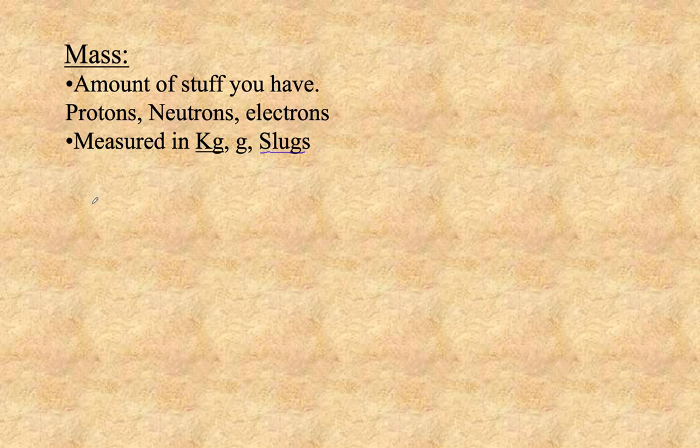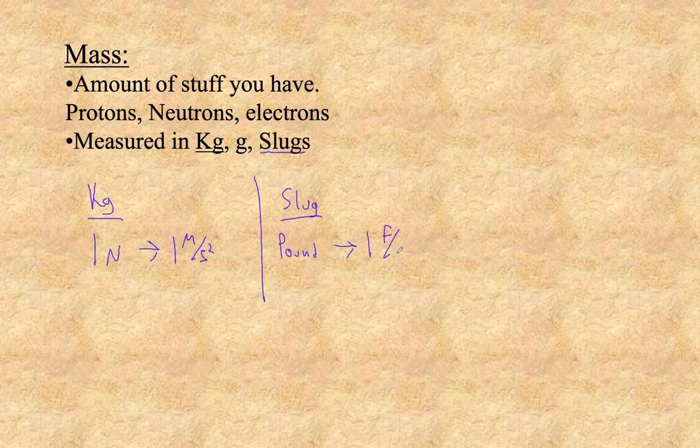A kilogram is the amount of mass you have that if you exert a force of 1 newton, it accelerates at 1 meter per second squared. A slug is how much stuff you have if you exert a pound of force, and it accelerates at 1 foot per second squared.